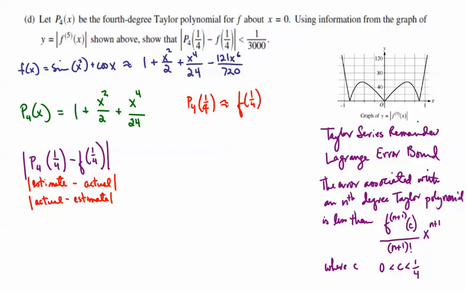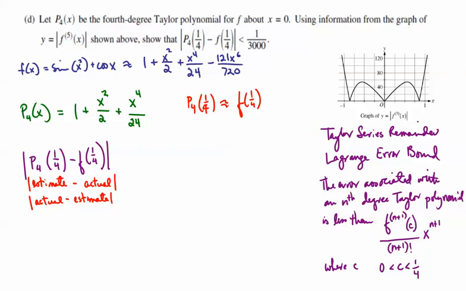I wrote this for the Maclaurin series here, but it's a simple development to get this for any Taylor series. So it has to be between a and x. C is some value in between the center and the x value that we want to evaluate the function at, which in this case is 1/4. So c is some value in there.